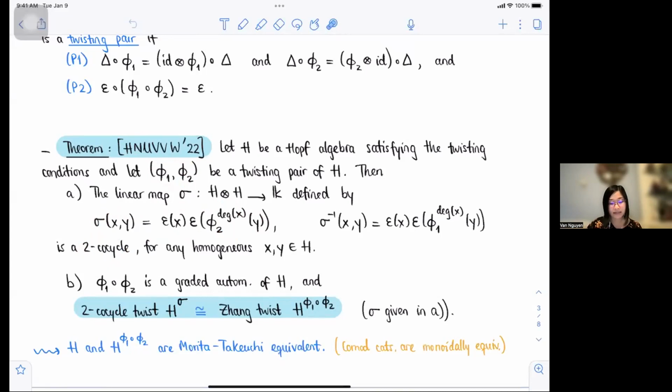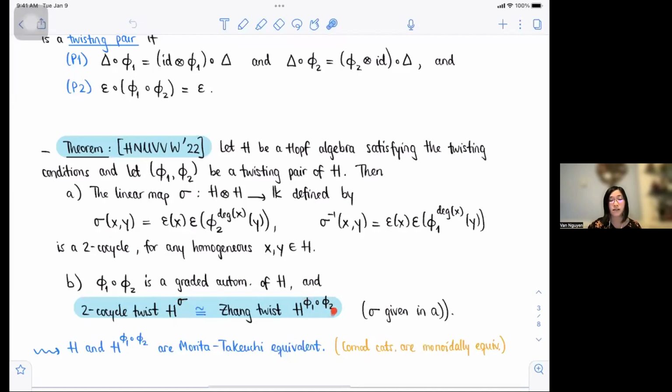And the second result actually answers our question B: with this 2-cocycle sigma that we define in part A, the 2-cocycle twist can be proved to be isomorphic to the Zhang twist by phi1 composed with phi2. Again, phi1 composed with phi2 is a graded automorphism.